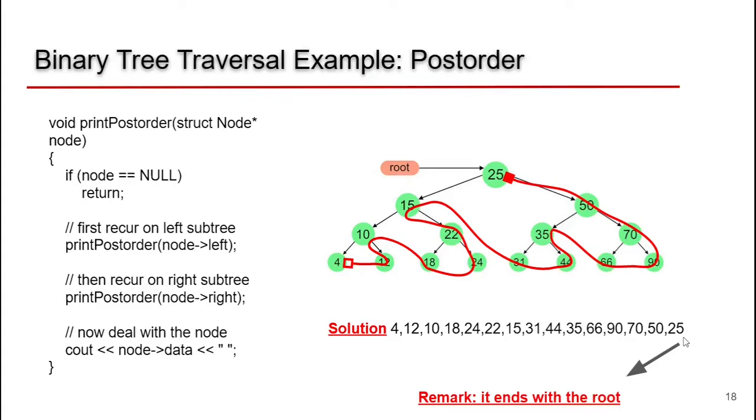If it's not ended with the root, it will be something else. This is a trick for how you can quickly make sure whether this is post-order or something else. Whenever you see the last node in the order is not the root, this order is something other than post-order. Okay, yes, I understand.